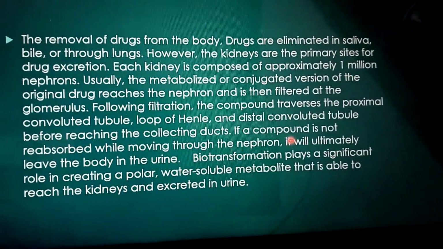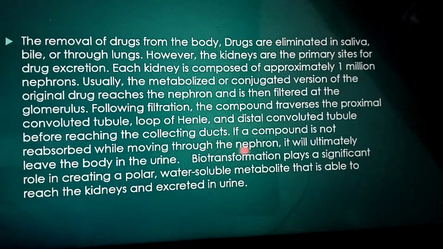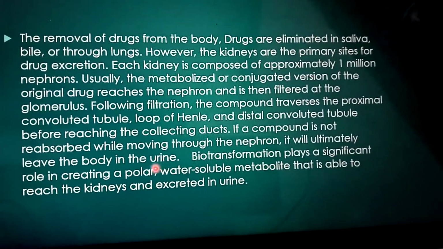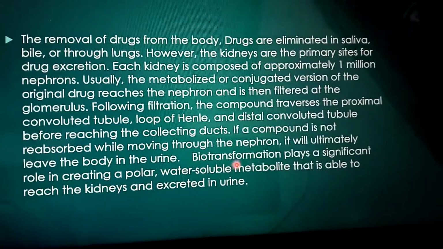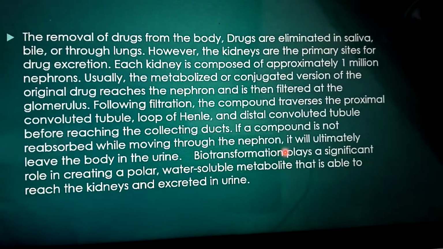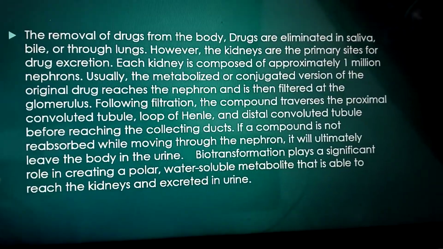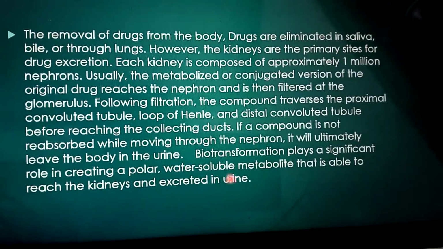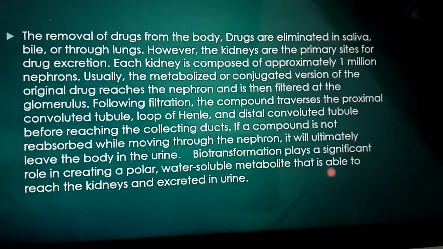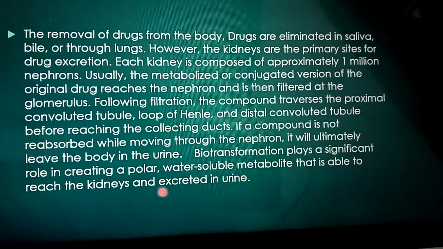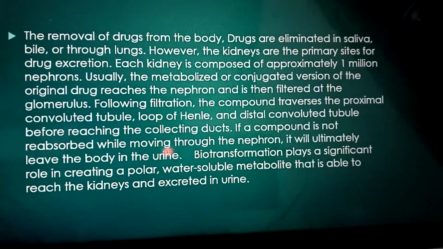If a compound is not absorbed while moving through the nephron, it will ultimately leave the body in the urine. Biotransformation is called metabolism, which plays a main role in creating a polar water-soluble metabolite that is able to reach the kidneys and then be excreted through urine.